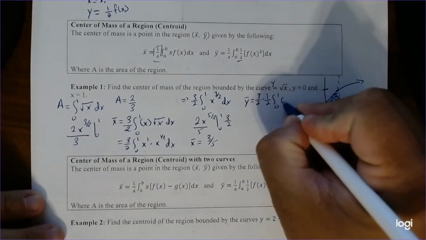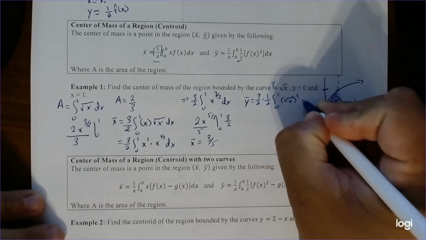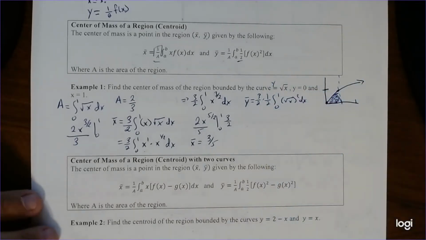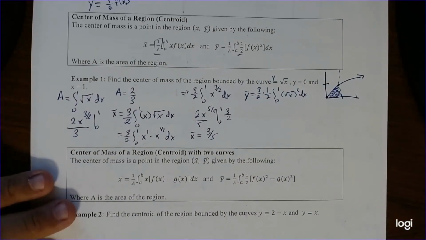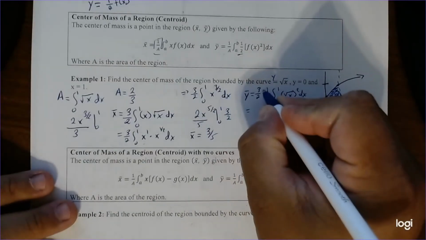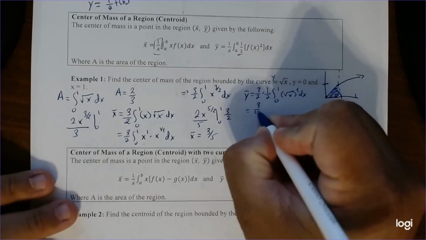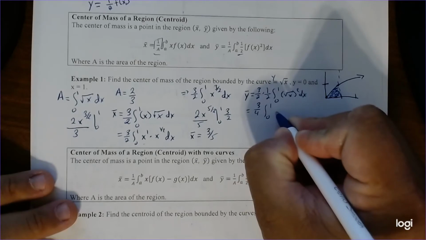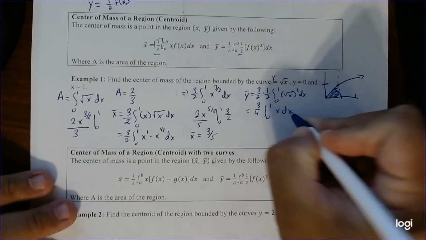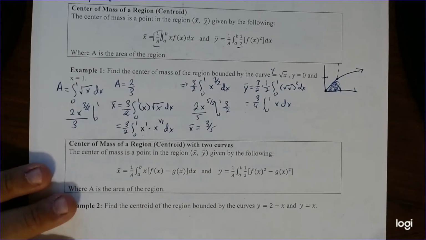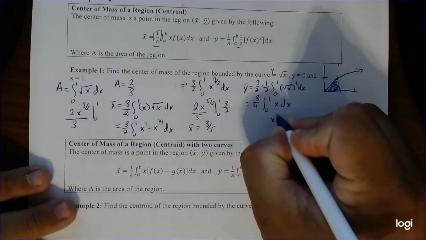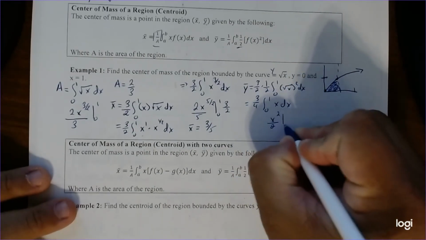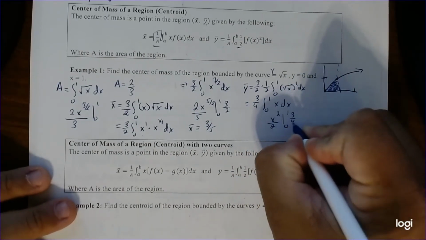So it's the square root of x squared. And notice that's actually pretty nice because those cancel. So we just get 3 over 4 times the integral from 0 to 1 of simply x. This integral is just x squared over 2, evaluated at 0 and 1, times 3/4.